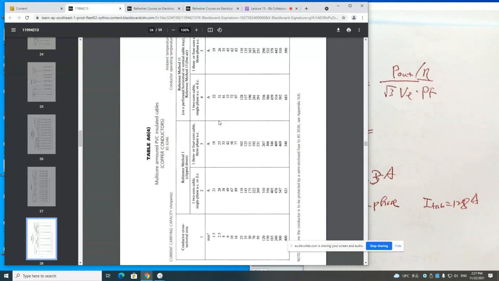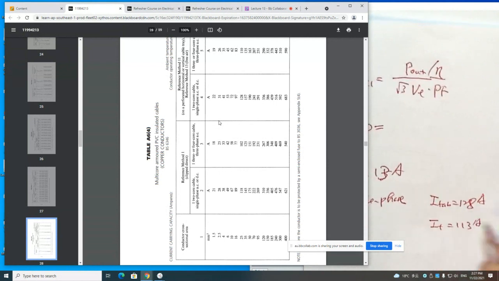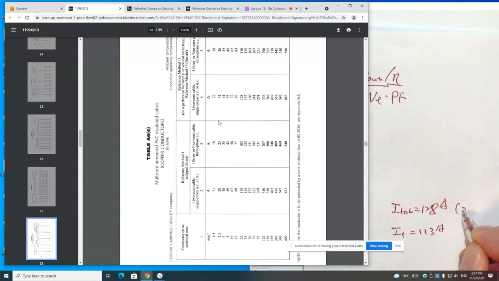So that is good enough, and the IT here is 113. So this size is 25 square.